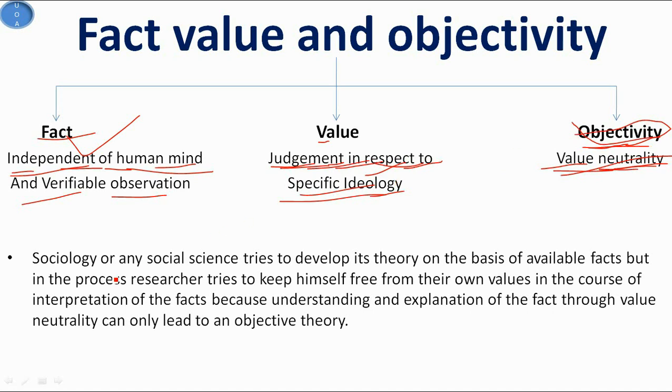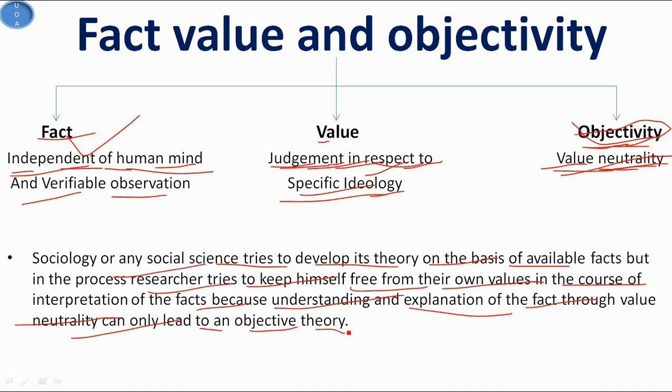So sociology, or any social science, tries to develop its theory on the basis of available facts, but in the process the researcher tries to keep himself free from his own values in the interpretation of the facts, because understanding and explaining facts value-neutrally can only lead to an objective theory.